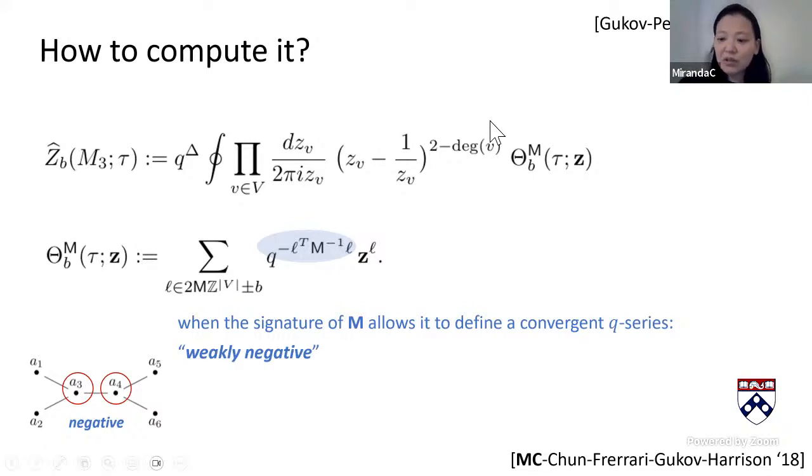And they also prove that when such a definition is applicable, it gives you a Z-hat topological invariant that's related to the Chern-Simons invariant in the way that I described a few slides earlier.